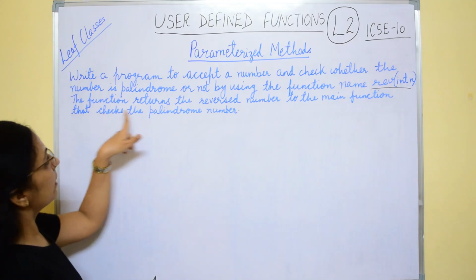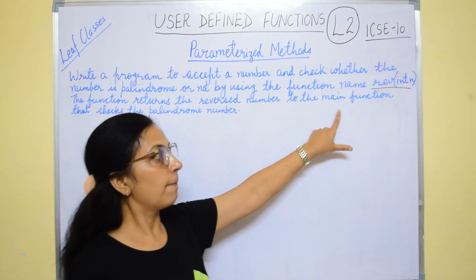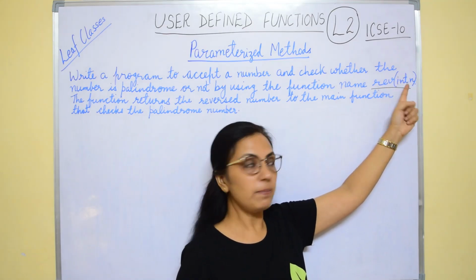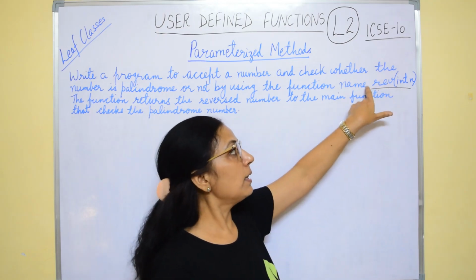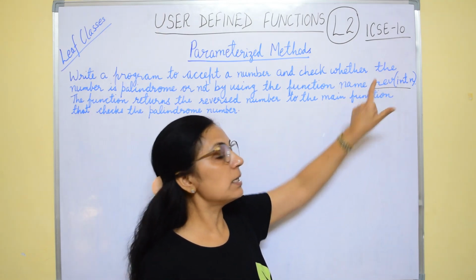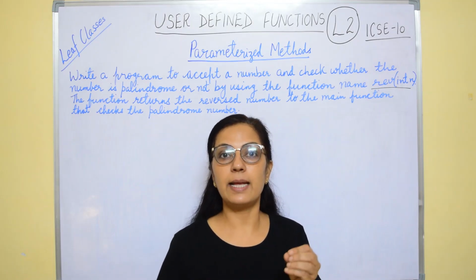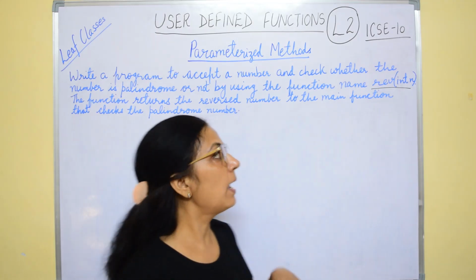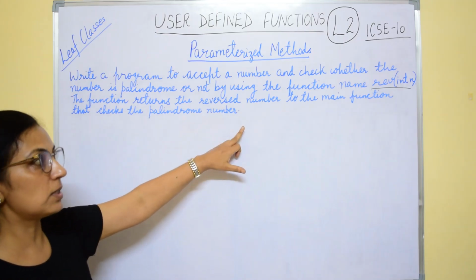This function returns the reversed number to the main function. That means it is receiving a value from the main function. That is why one argument is written here. Now in the question, if you see, there is no return type mentioned. You may get questions like this, so you have to read the question very thoroughly, because the question is saying the function returns the reversed number.